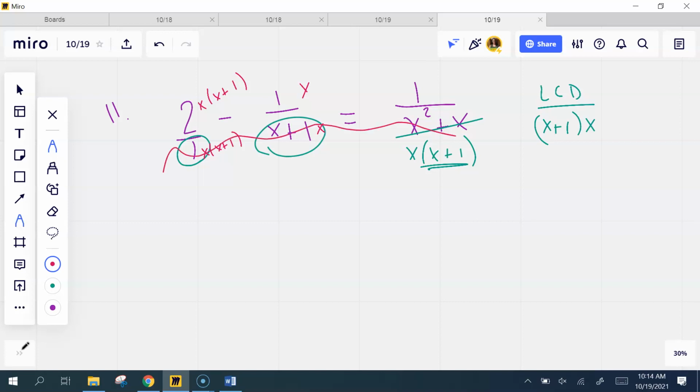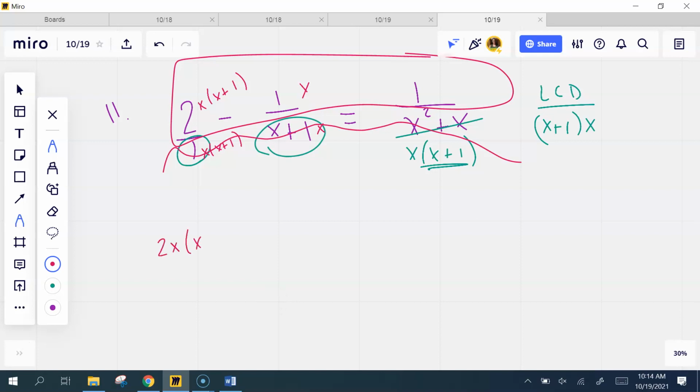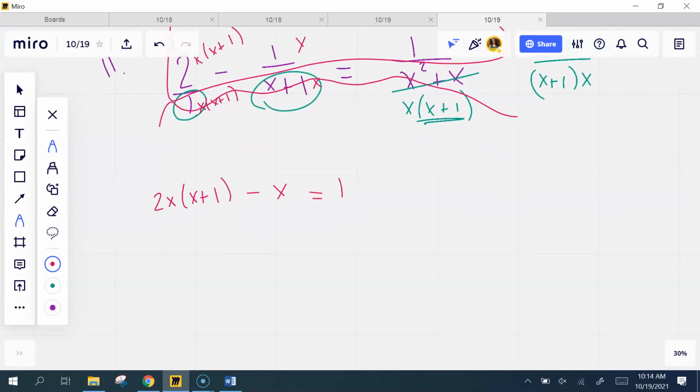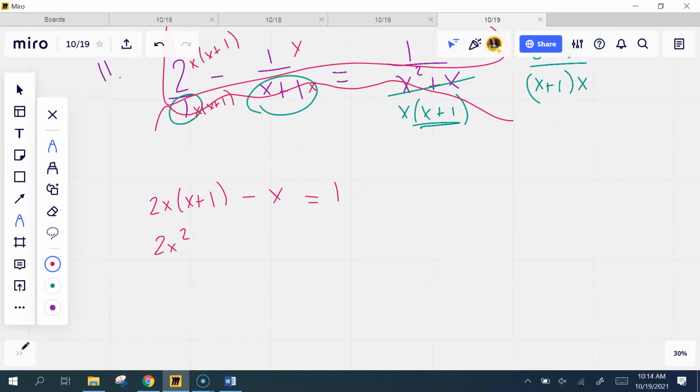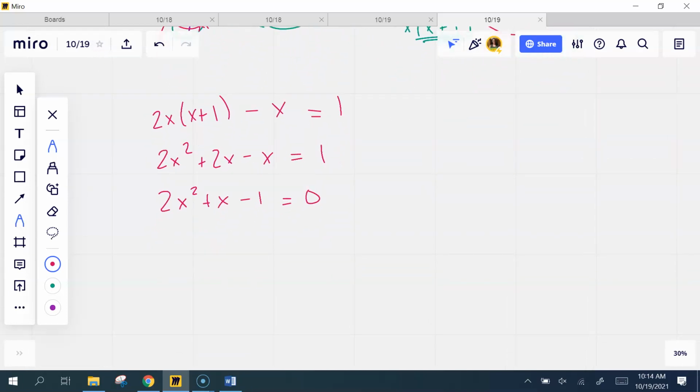So now I can drop the bottoms off, and I can just solve from the top. So I have 2x times x plus 1 minus 1 times x equals 1. So that's 2x squared plus 2x minus x equals 1. I'm going to combine the 2x and the negative x, and move that 1 over. So now the question is, can I factor that?